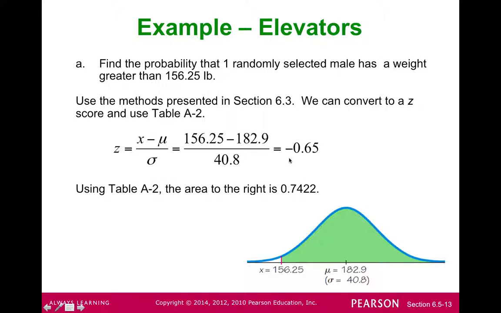When we do that, we calculate our z to be negative 0.65. When we look up that negative 0.65 on the table, and then subtract that answer from 1, we find that this area to the right, which is the probability of having a weight greater than 156.25, is 0.7422.